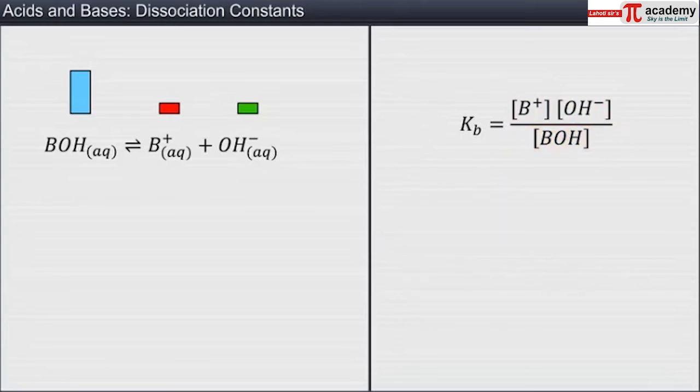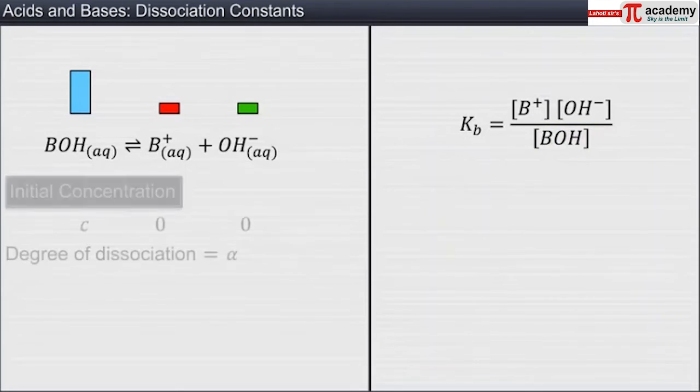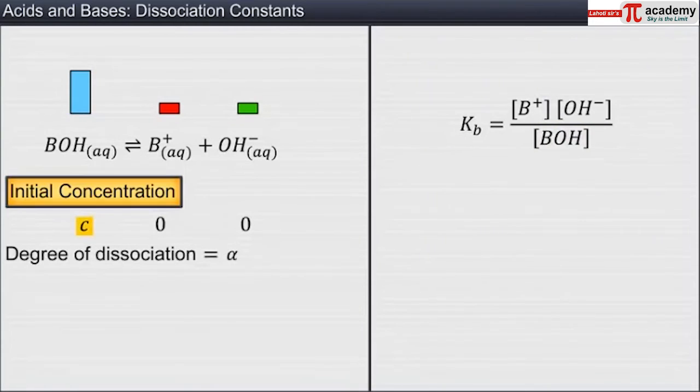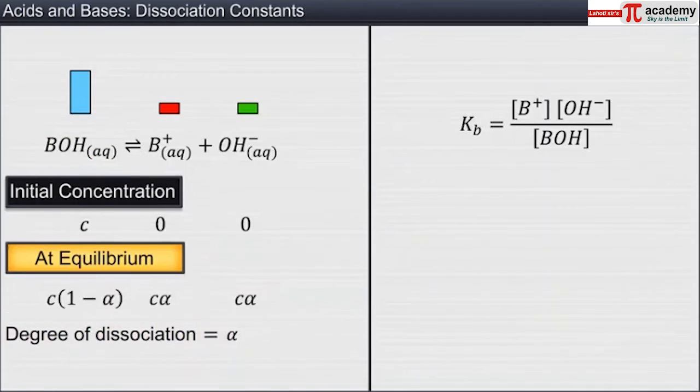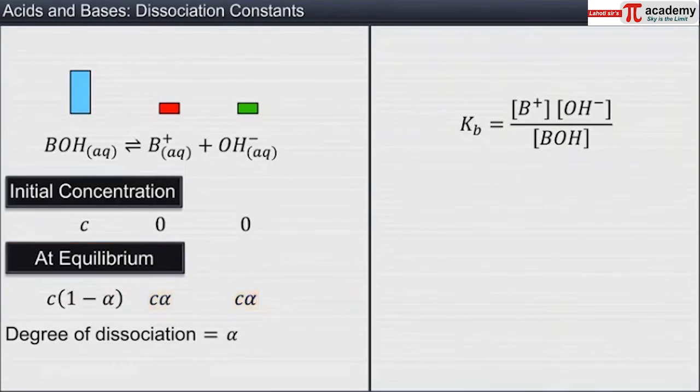The degree of ionization for a weak base can also be derived in the same way as weak acids. Let C moles per liter be the initial concentration of weak base BOH, and let alpha be its degree of dissociation. At equilibrium, the number of moles of the reactant will be 1 minus alpha and of the products C alpha each.